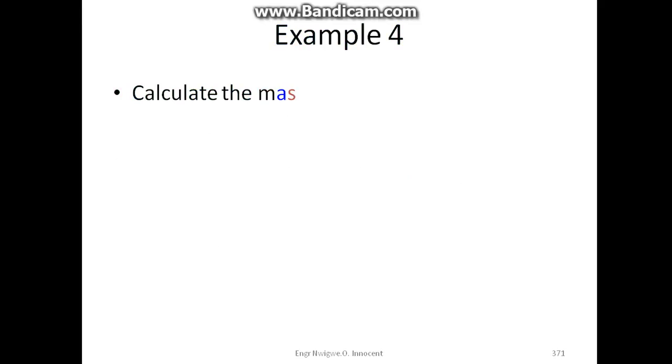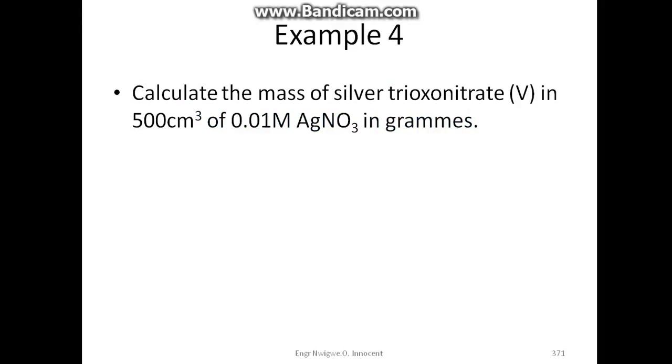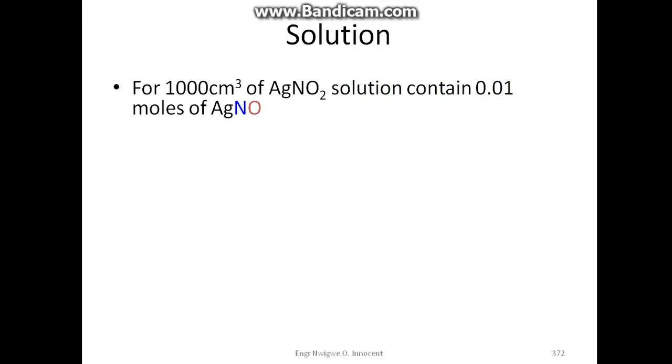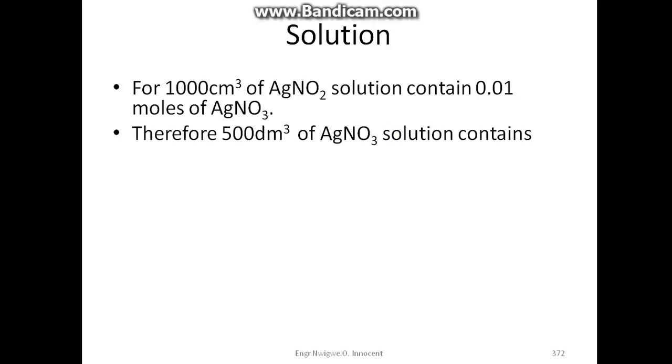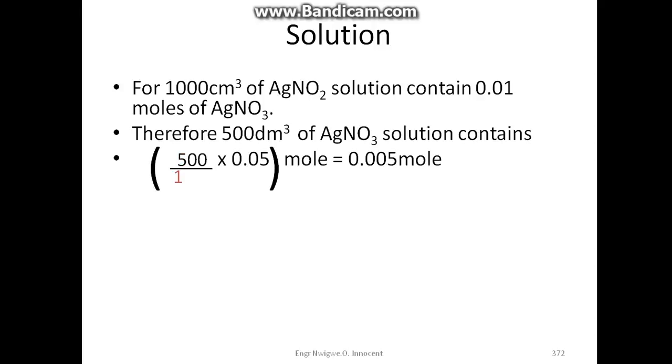Example 4. Calculate the mass of silver trioxonitrate(V) in 500 cm cube of 0.01 molarity of silver trioxonitrate(V) in grams. Solution. For 1000 cm cube of silver trioxonitrate(V) solution containing 0.01 mole of silver trioxonitrate(V), therefore 500 cm cube of silver trioxonitrate(V) solution contains 500 over 1000 times 0.01 mole, which gives us 0.005 moles.